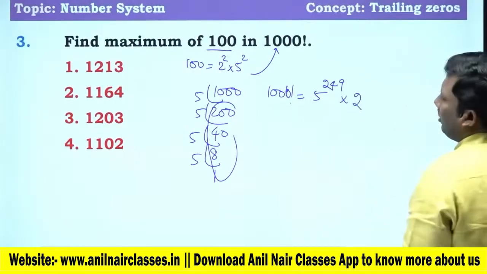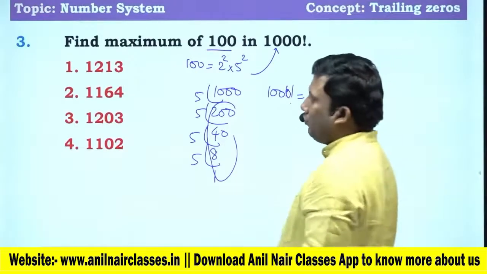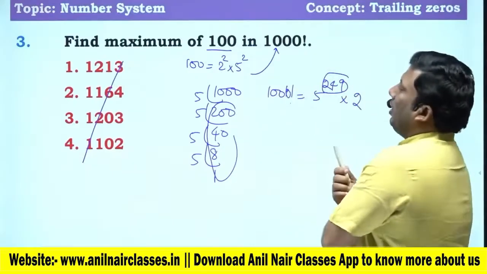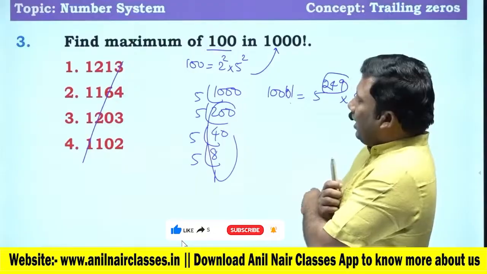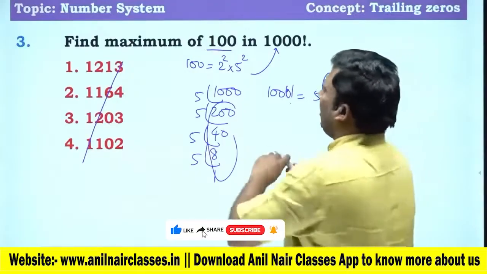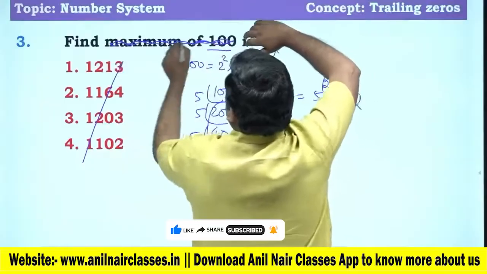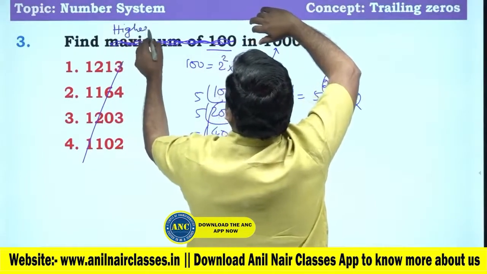Anyway, the answer is 249. Find the maximum power of 100 in 100 factorial. 100 can be written as 2 square into 5 square. Please change the question. This question is not clear. Find the highest power of 100.